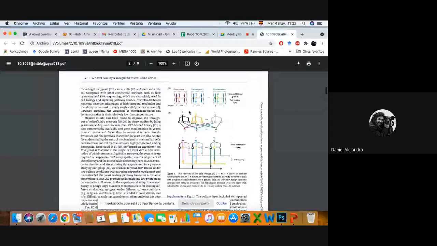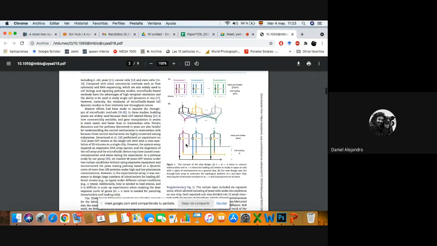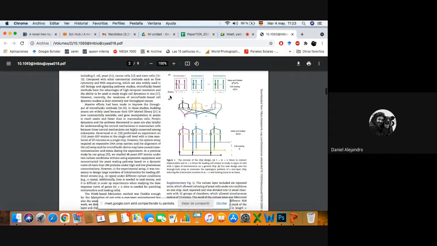And here we can see a schematic representation for that. In the last research, they used one chip for different environments, and in different environments they had two strains. But here they represent schematically when you have just one device with different inlets and different outputs.